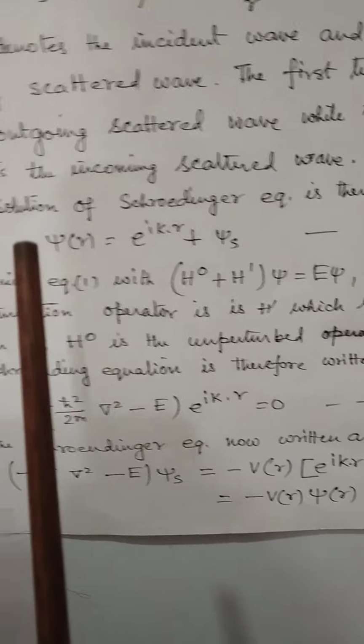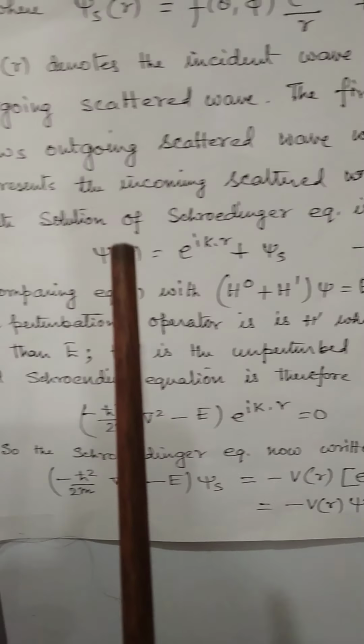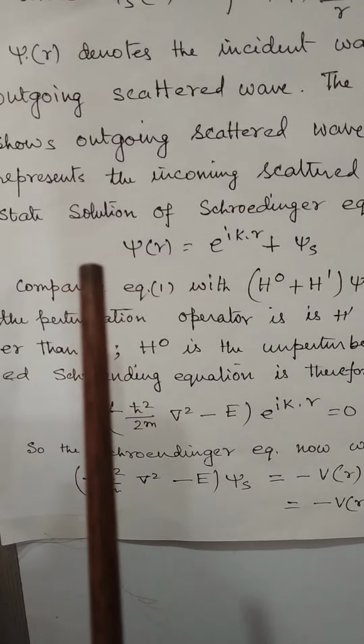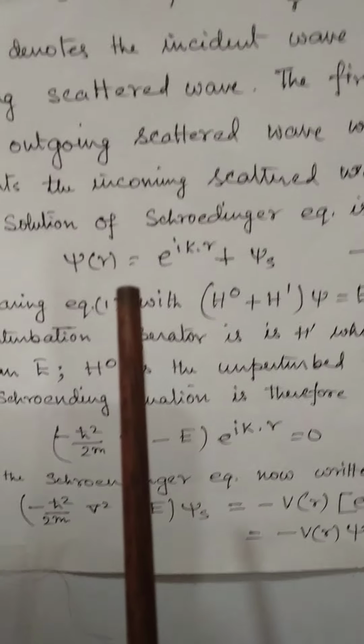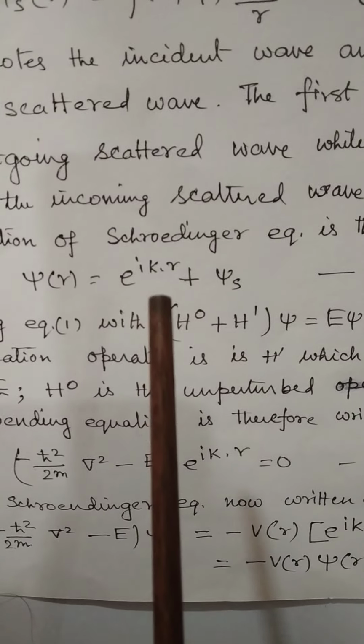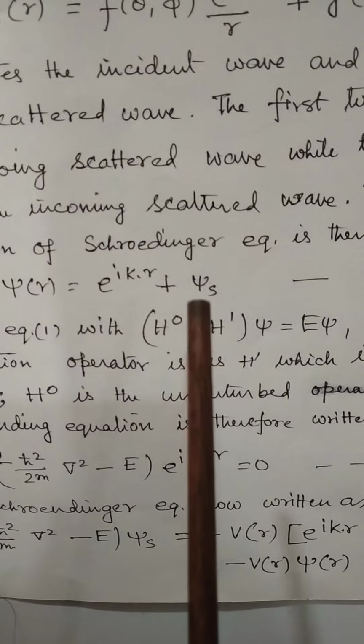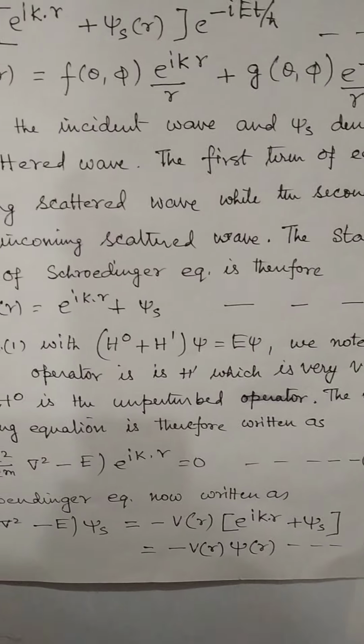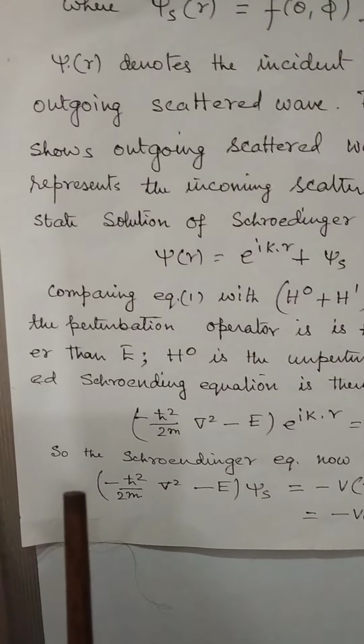The stationary state solution of Schrödinger wave equation is therefore ψ(r) equal to e^(ik·r) plus ψs, which is represented by equation number 4.